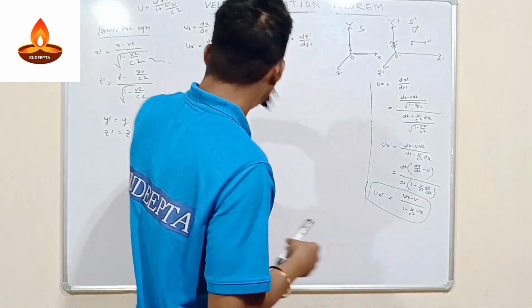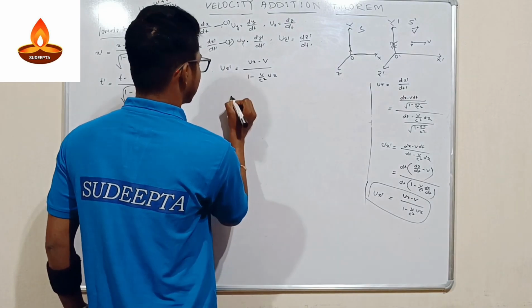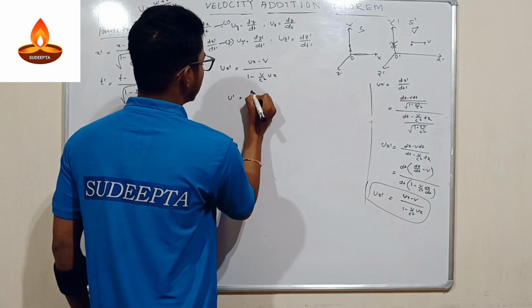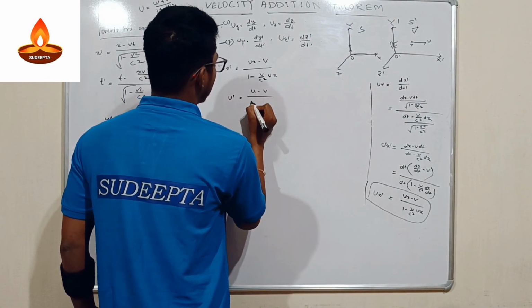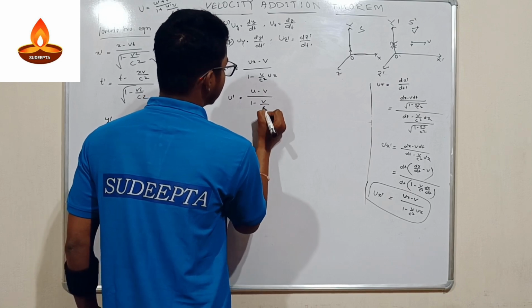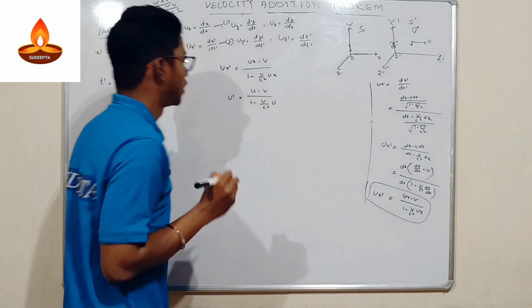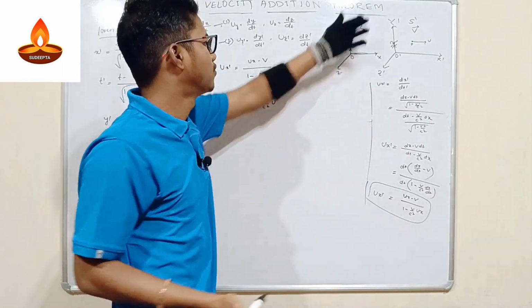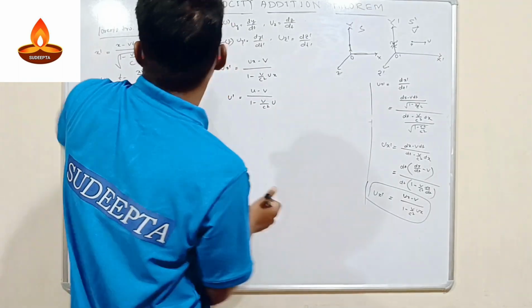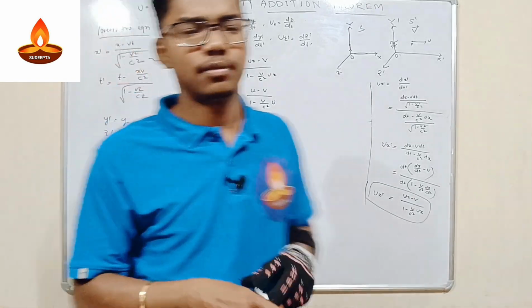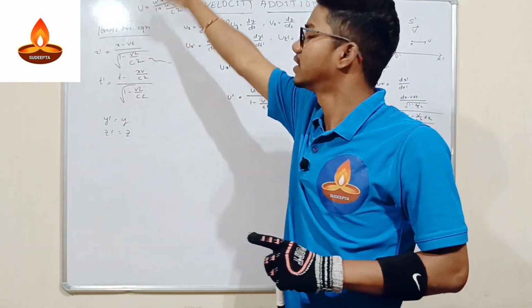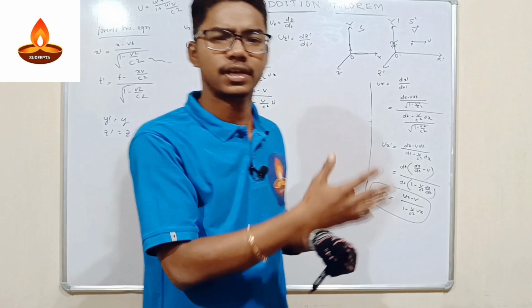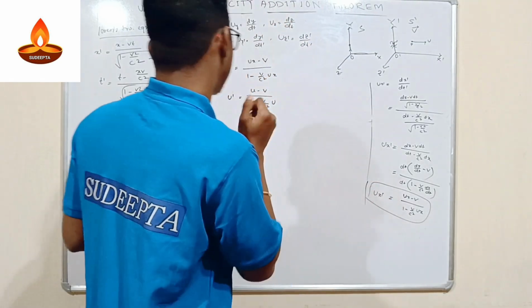That means we can easily write u dash is equal to u minus v upon 1 minus v upon c square u. Okay, I don't write ux here, I just removed it. Why? Because y and z are not working in this. I have to derive this scenario, so I have to get it this way. That means there is no z component, y component, or t component. Okay, that's why I do it.